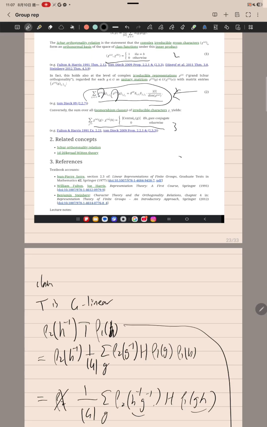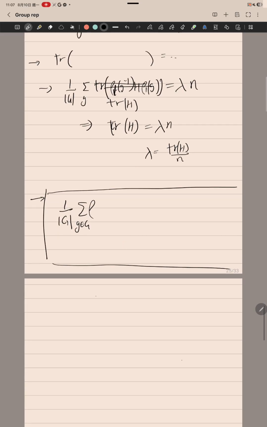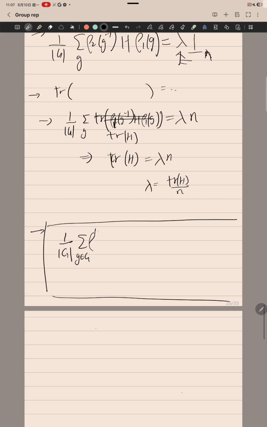I use A and B to denote irreducible representations, following this notation. If these are two different representations, the result is 0; otherwise it equals the trace of H divided by n times the identity, and n I can write as the dimension of rho_B.